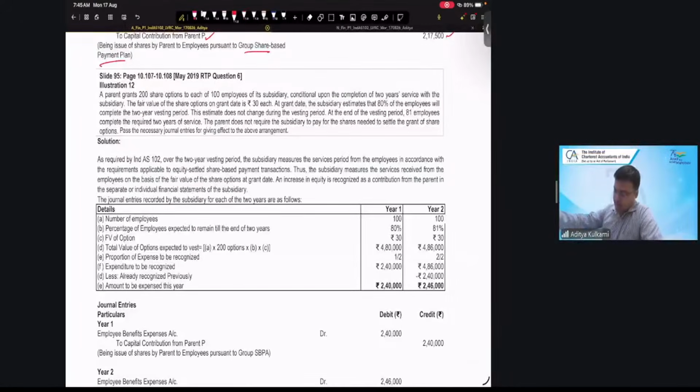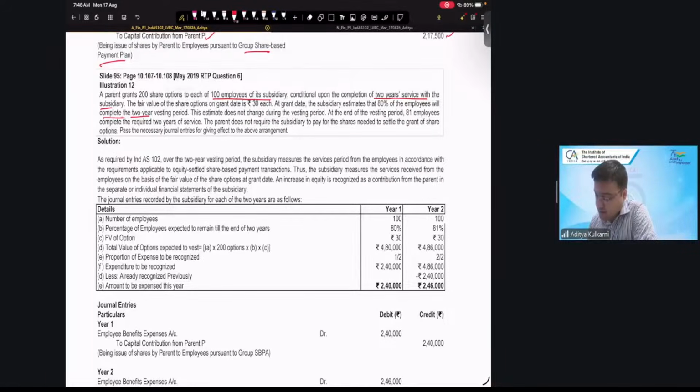A parent grants 200 options to each of 100 employees of its subsidiary, conditional upon completion of 2 years of service with the subsidiary. The fair value of the share options on grant date is rupees 30 each. At grant date, the subsidiary estimates that 80% of employees will complete the 2 year vesting period.